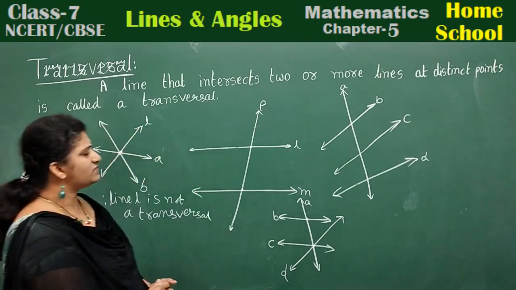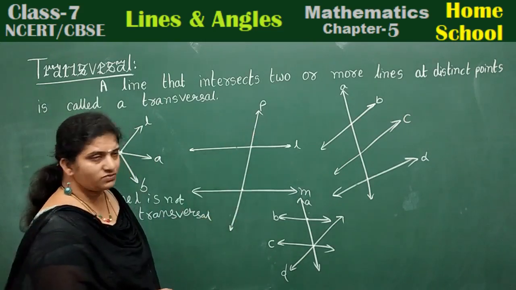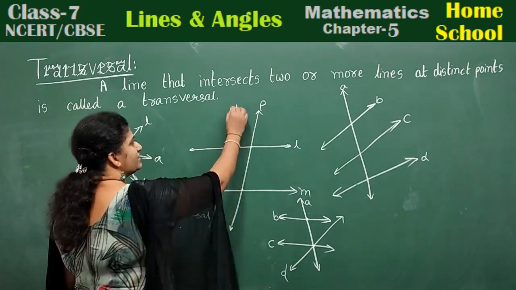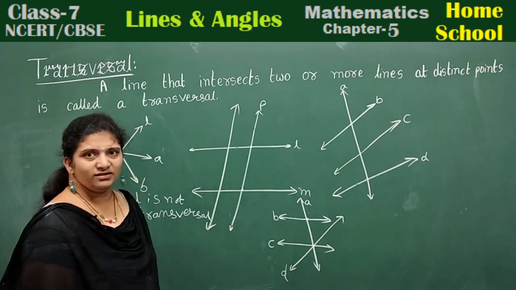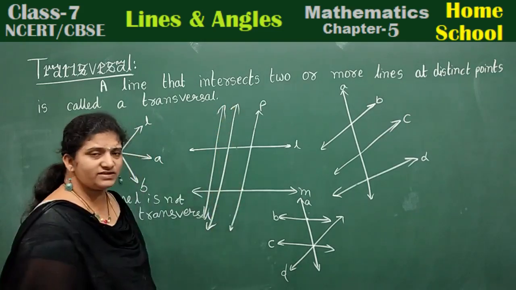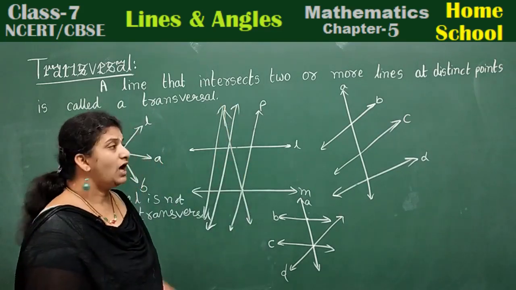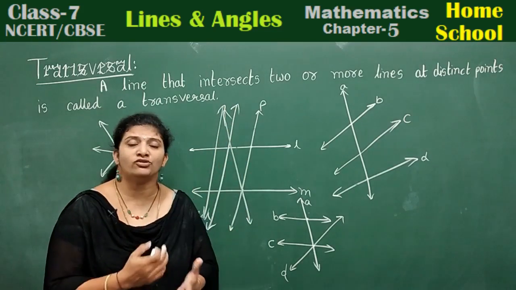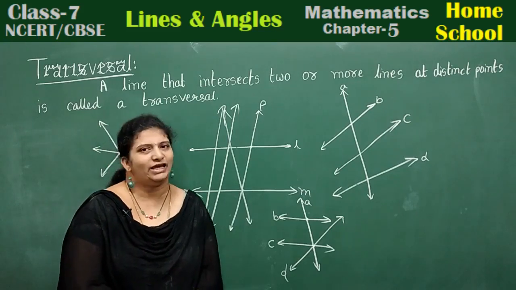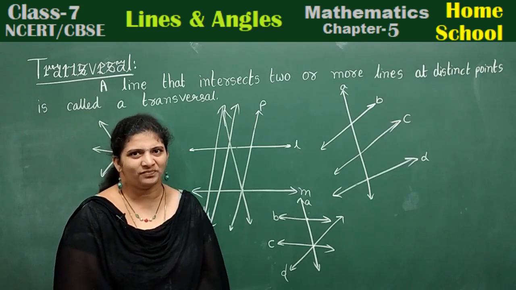Look here, I say this is a transversal and I say this is also a transversal. I say one more, this is also a transversal. How many transversals can you draw between 2 lines? Infinitely many transversals can be drawn.